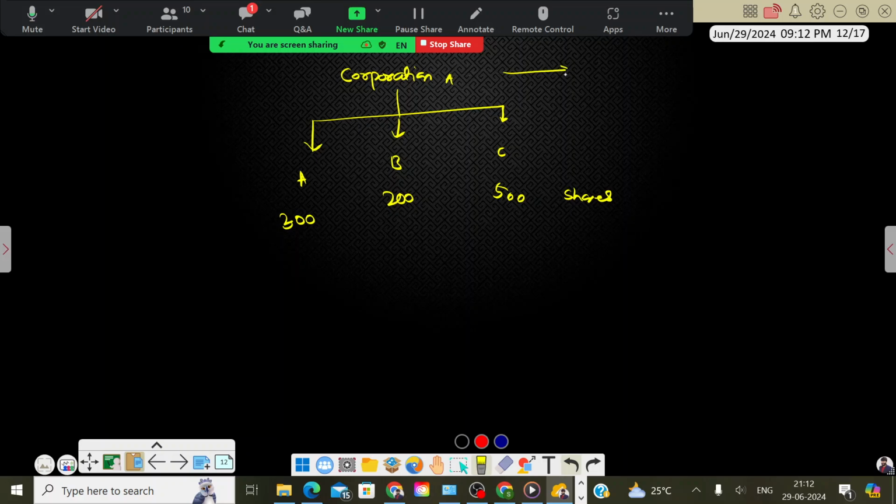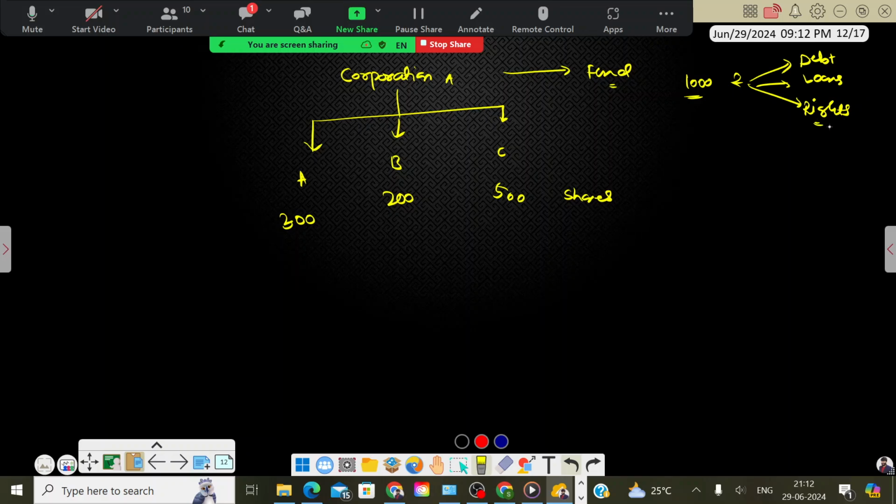See, company A is looking for a fund. Let's say looking for a fund of 1000 rupees, right? So as I said, they can have multiple ways. One is debt, which means bonds and loans, and the other is rights distribution.